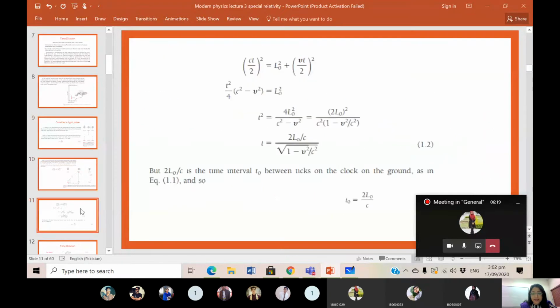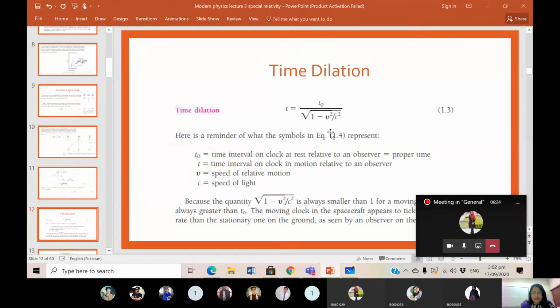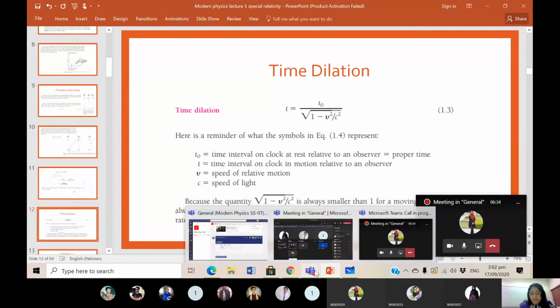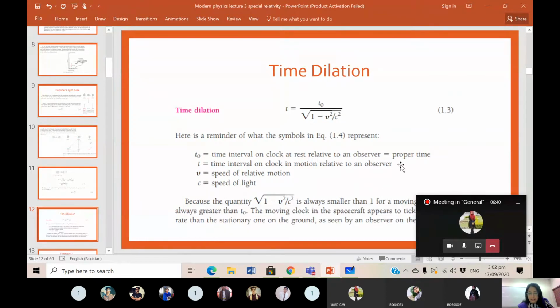We said the formula for time dilation is this formula. T0 is the time interval at rest relative to our observer, that is the proper time. T0 is the interval on the clock at rest relative to an observer, and T is the interval on the clock in motion relative to an observer.